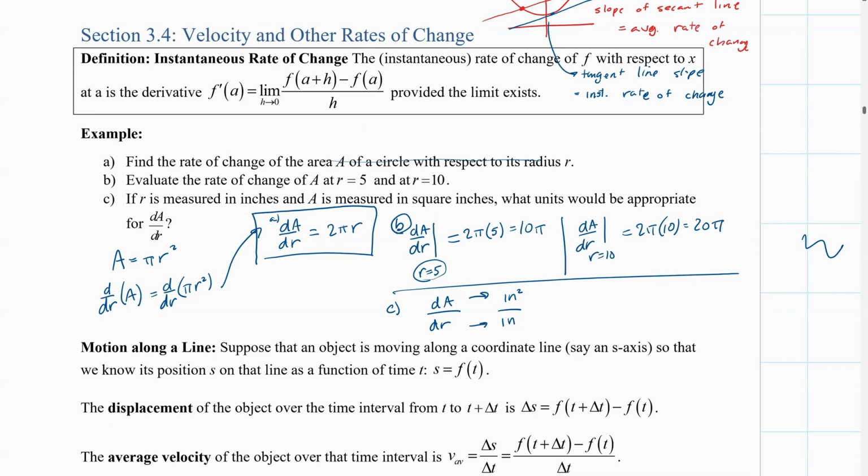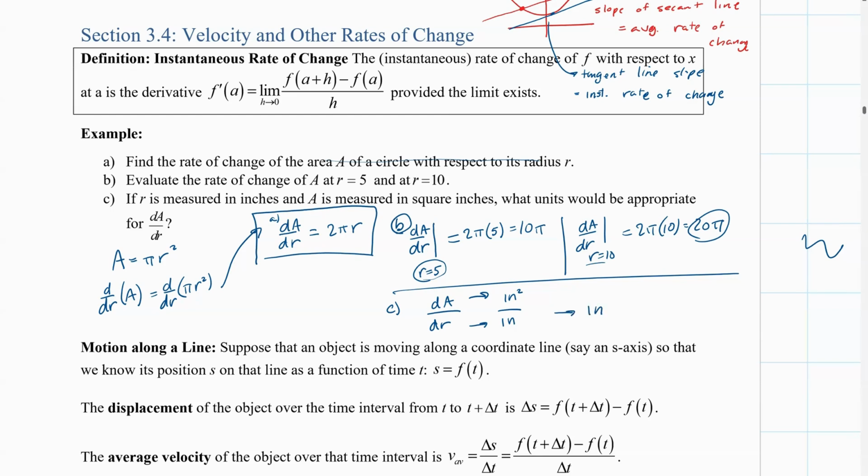So we would say that the appropriate unit for dA/dr would be inches squared per inch. We see 20 pi more inches squared for every additional inch that r got bigger when r is equal to 10. Now, you may be tempted to rewrite this as just inches.